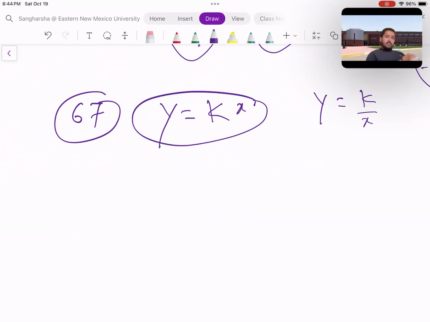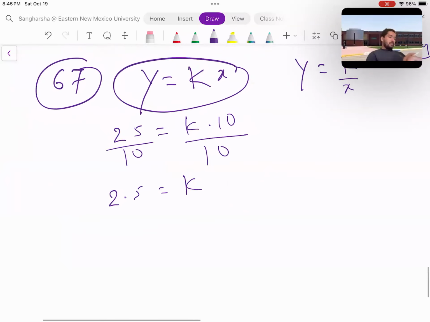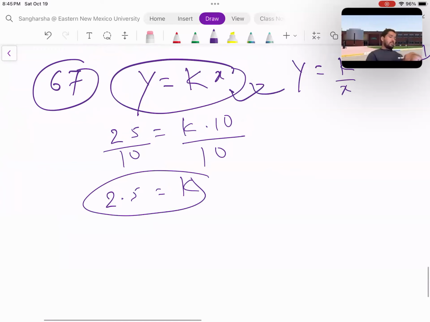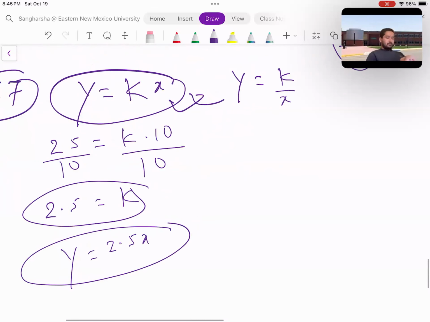So y varies directly as x. y is given as 25, x is 10. So 25 equals k times 10. You divide both sides by 10, so we have 2.5 equals k. Now you substitute k into this equation. You have y equals 2.5x. That's for 67.